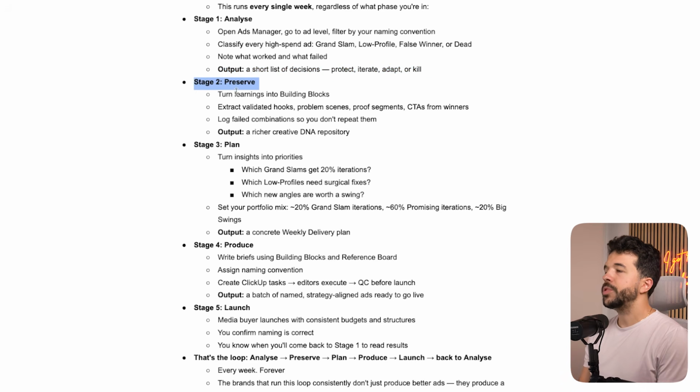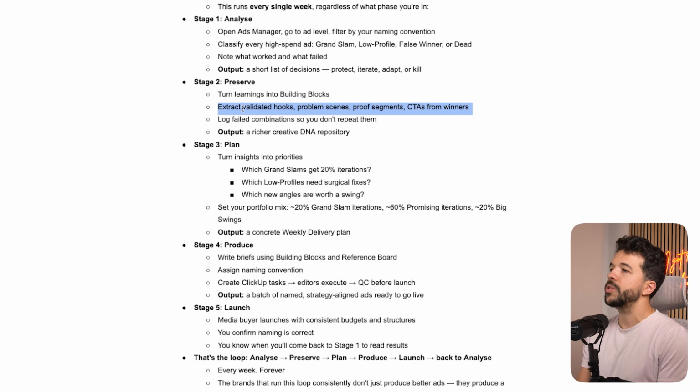Then stage 2 is preserving. Once you find something that works, you want to make sure that you preserve it. So you want to turn those learnings into the building blocks repository that I shared with you. You extract the validated hooks, the validated problem scenes, the validated proof segments, the validated CTAs, and you log them into the building blocks.